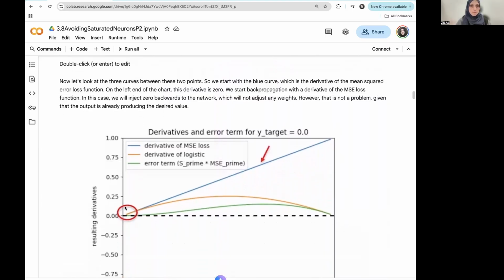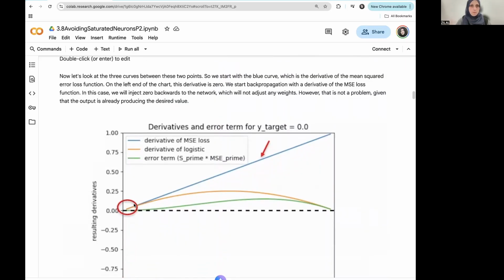So we start with the blue curve, which is the derivative of the mean squared error loss function. On the left end of the chart, this derivative is 0. We start backpropagation with the derivative of the mean squared error loss function. In this case, we will inject 0 backwards into the network, which will not adjust anything. However, that is not a problem, given that the output is already producing the desired value.